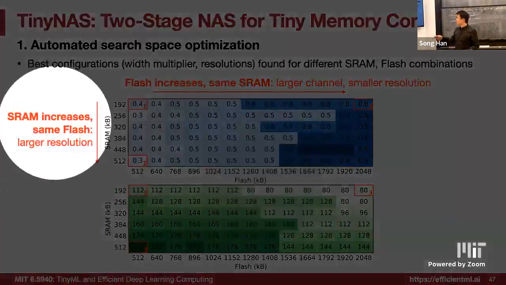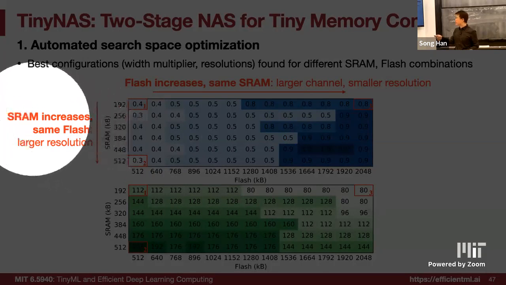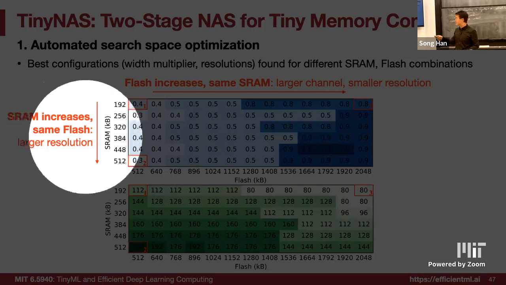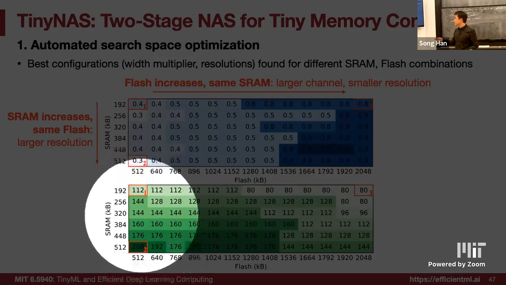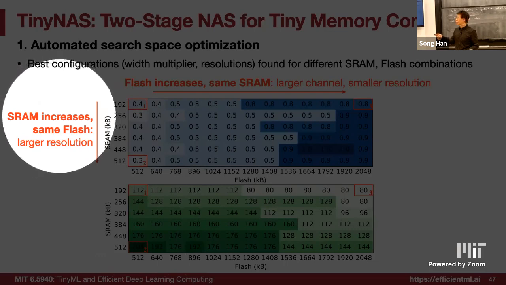What about when SRAM increases, but the flash stays the same? SRAM stores your activations, but the flash stays the same. So here, the resolution actually increases because you can hold more activations.